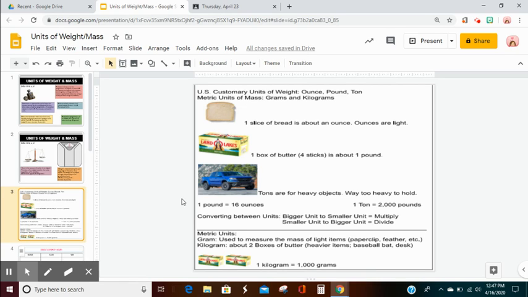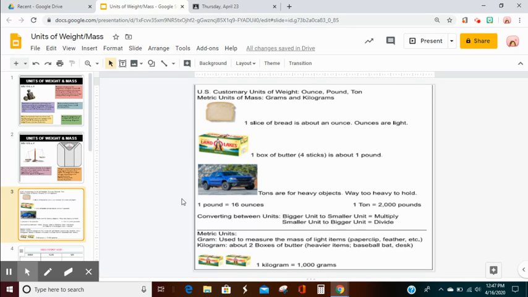Metric units include gram and kilogram. Grams are used to measure the mass of light items. So you can hold a paper clip or a feather in your hand, something lightweight. Kilograms are about 2 boxes of butter, so they're going to be heavier than a pound. A pound was 1 box of butter.